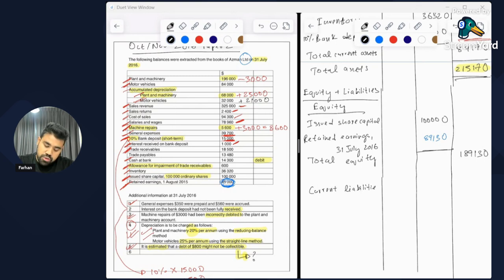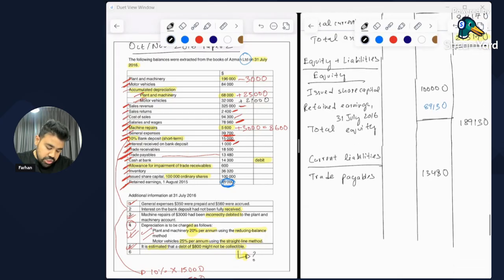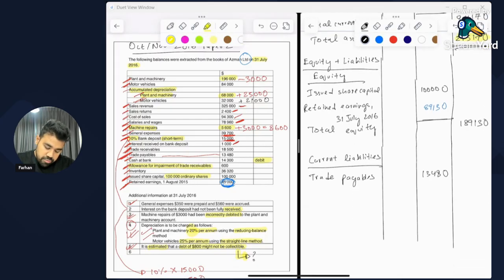Okay. So for the current liabilities from the table, the only information that's still missing to be used is trade payables, which we are just going to use now. So that is 13,480. Okay. Trade payables, 13,480. All right. Then from the additional information section, you've got general expenses of $560 accrued.